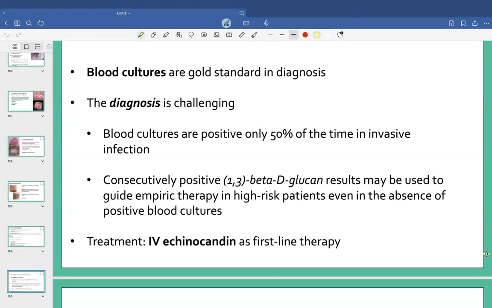There is a specialized test called a beta-D-glucan, and if that is positive consecutively, you can start to treat patients empirically for invasive candidiasis, even without a positive blood culture. And the first line of treatment is IV echinocandin. And I believe he talked about those last week as well.